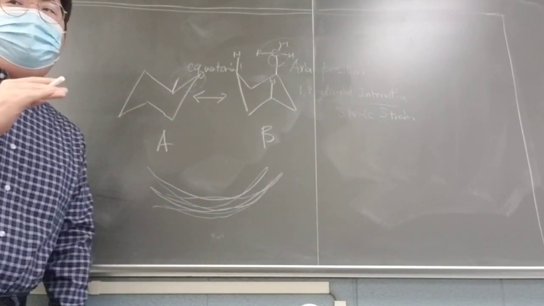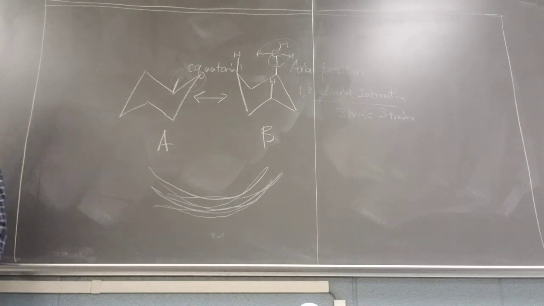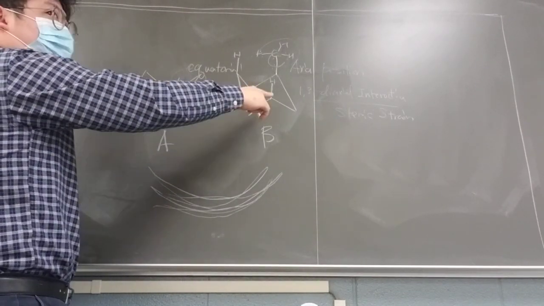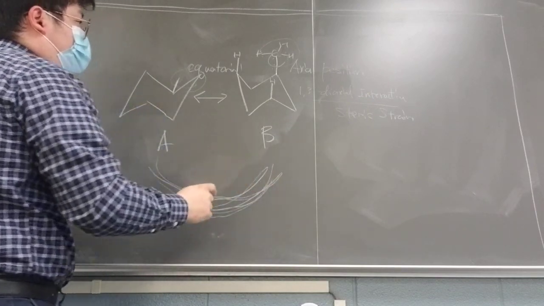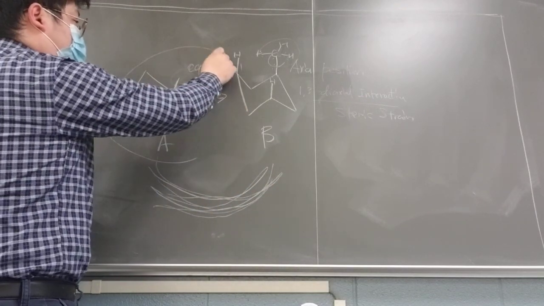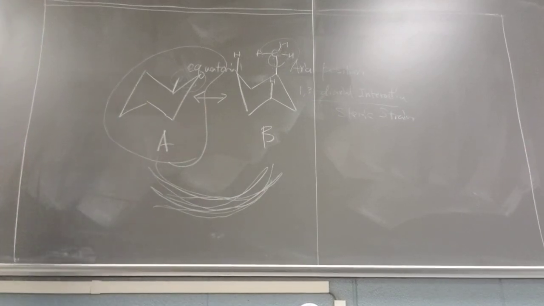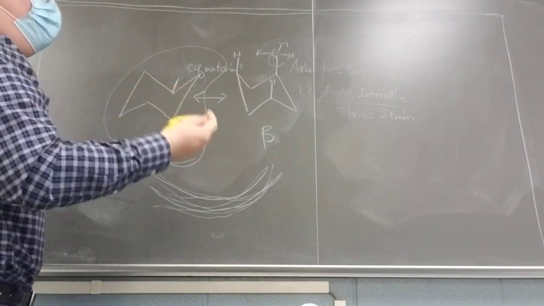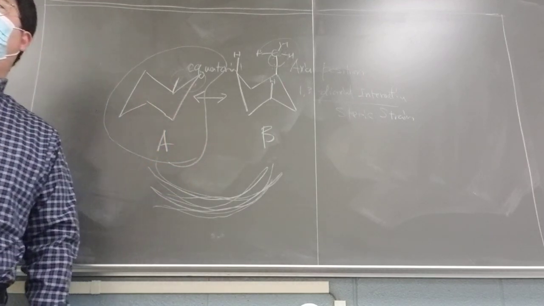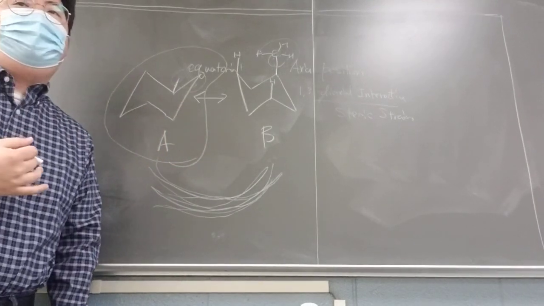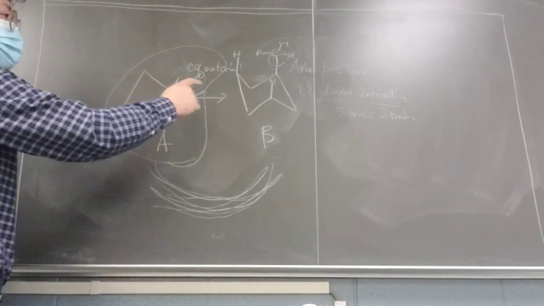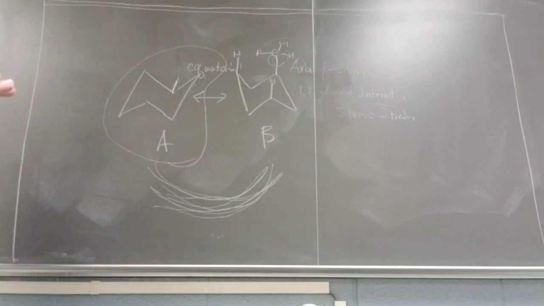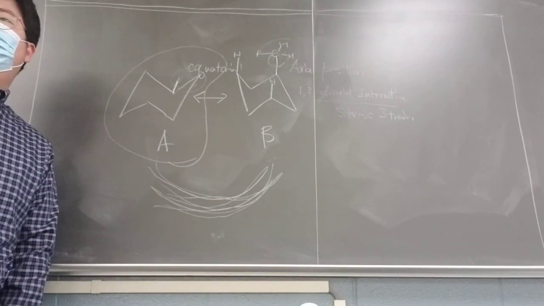So whenever you have one methyl group on your base in A and B, this is the more preferred conformation between these two. Okay? Because they don't want to experience the 1,3 diaxial interactions. If you put that methyl group here in the equatorial position, they don't have to experience the 1,3 diaxial interactions.